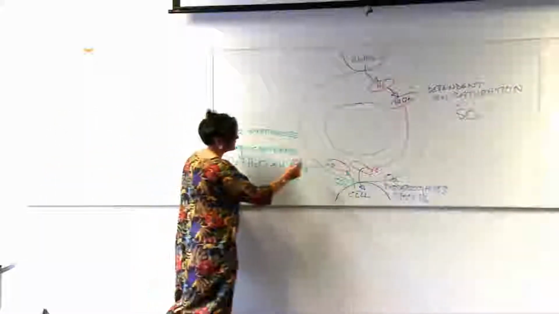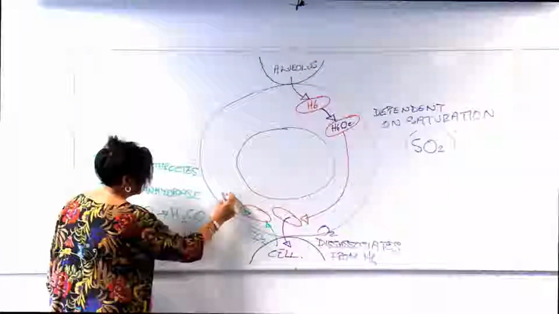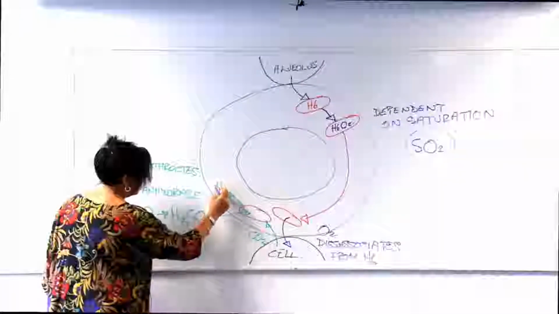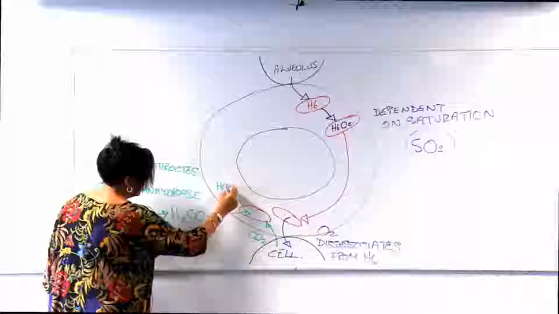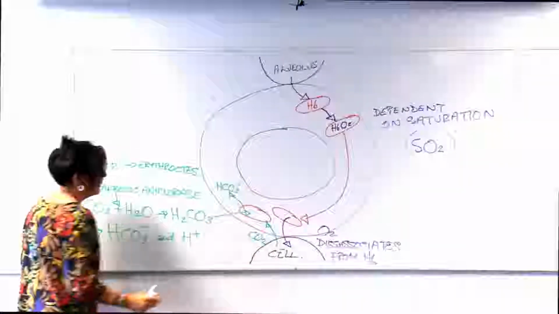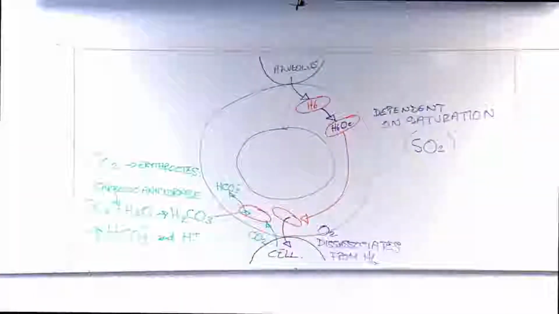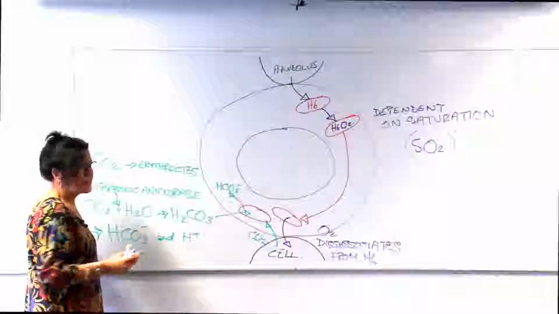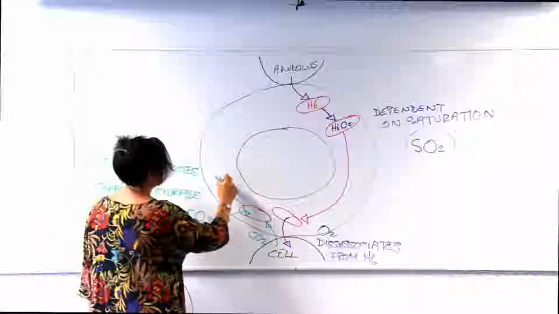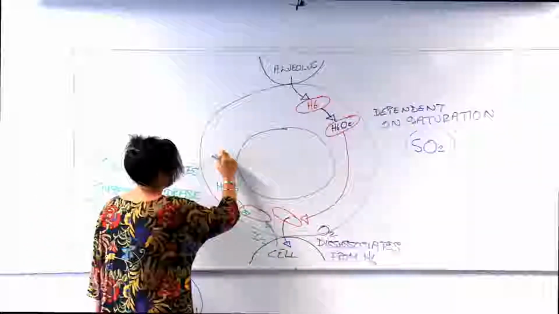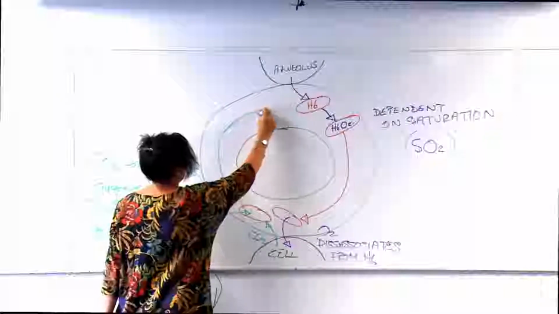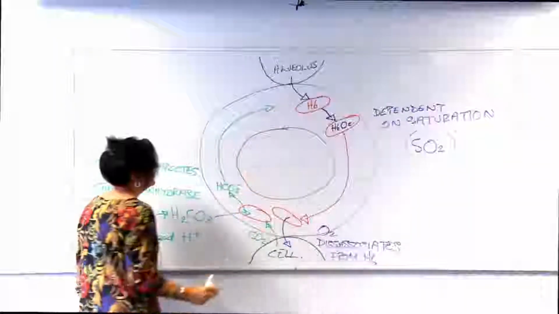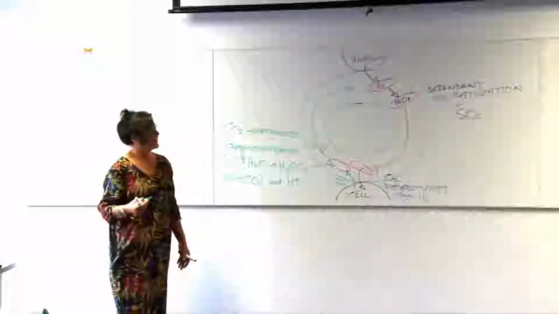But primarily, we're talking about the bicarbonate coming out to be transported in the blood. Okay, so that's fine. We've got our bicarbonate in the blood, in the plasma, gets back up to the alveolus, to the lungs.